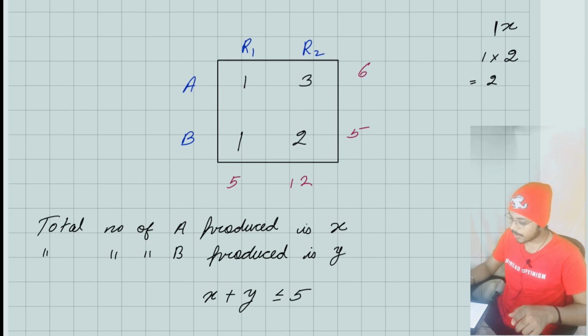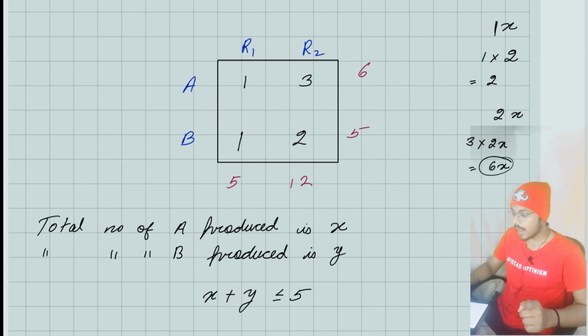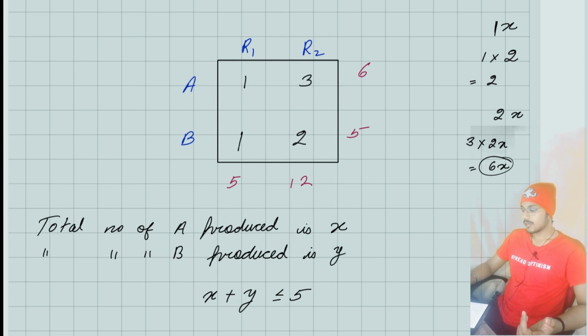And in the same way, if 2 units of X are produced, then there will be 3 into 2, that will be 3x of R2 used, yes or no?